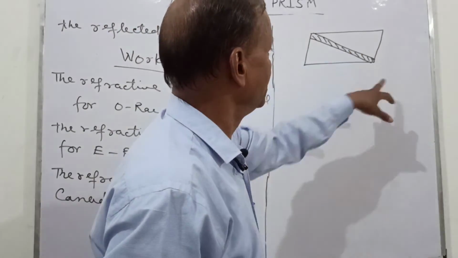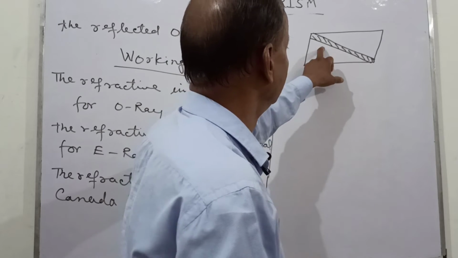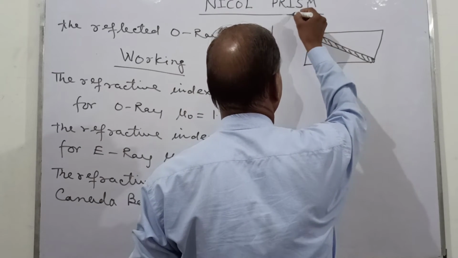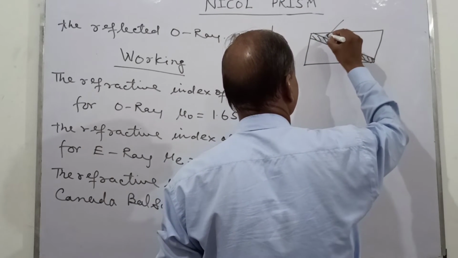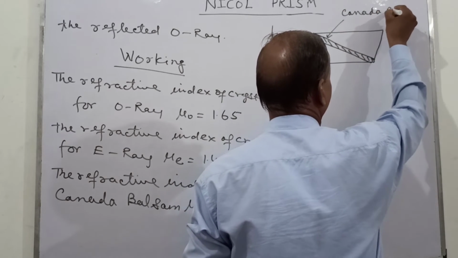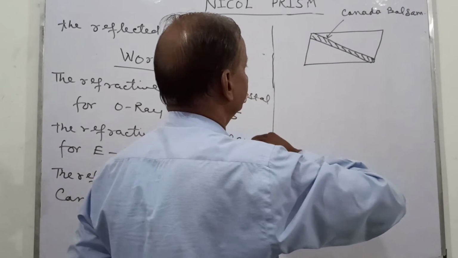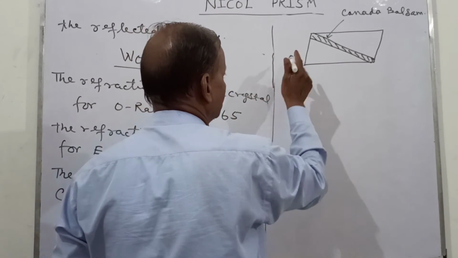This is the section of the Nicol prism. This is the Canada balsam. This is the incident ray.